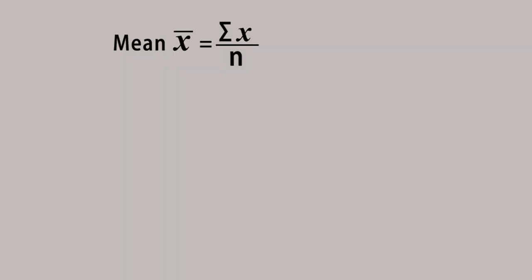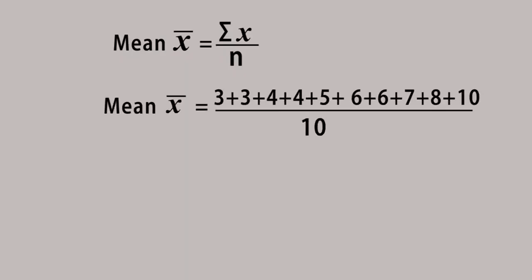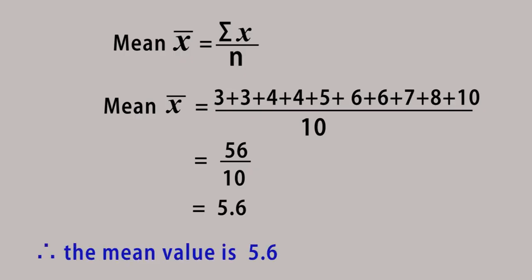Mean is equal to 3 plus 3 plus 4 plus 4 plus 5 plus 6 plus 6 plus 7 plus 8 plus 10 all over 10. Mean is equal to 56 over 10, which is equal to 5.6. Therefore, the mean value is 5.6. Thank you very much.